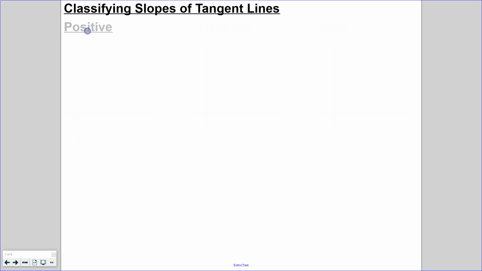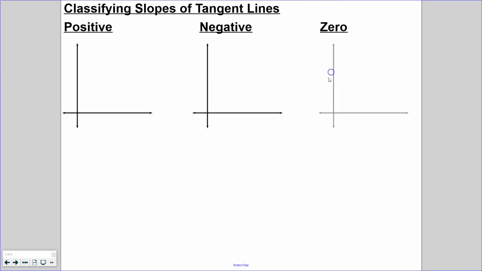Alright, so first up, we know that the classifications in this video are positive, negative, and 0. If we casually look at some graphs, a positive slope is going to have a tangent line that has this particular shape, and we would say that this particular line is increasing. So whenever our tangent line is increasing, that particular point has a positive slope.